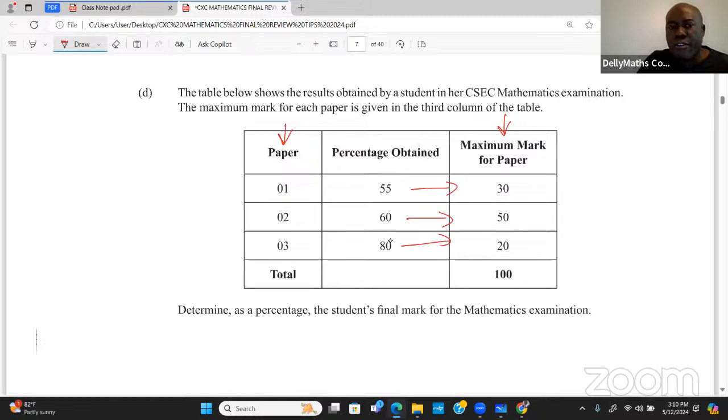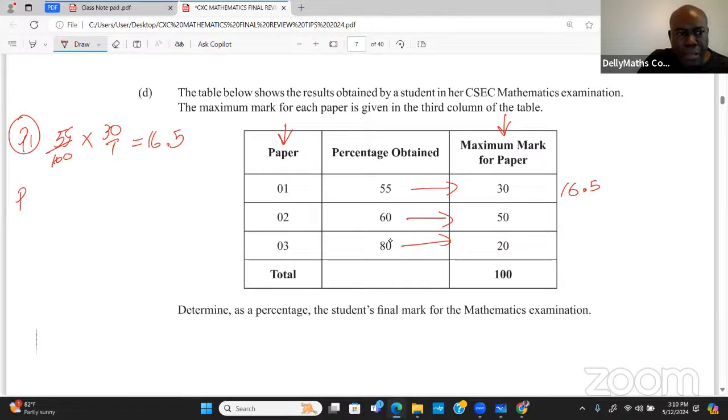For example, for paper 1, the person got 55% of 30 marks. So we want to work out that. 55% of 30 marks, you put this on your calculator, and you're going to get 16.5. So what this is suggesting is that the person got 16.5 out of 30 for that paper.